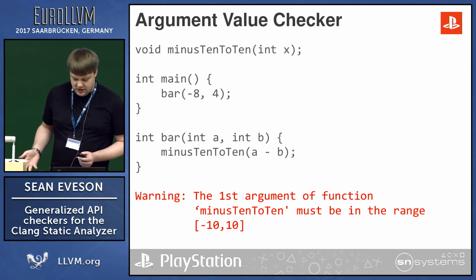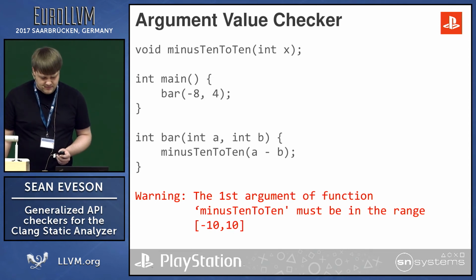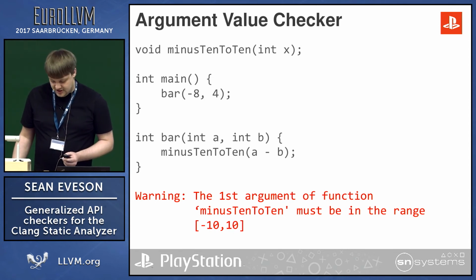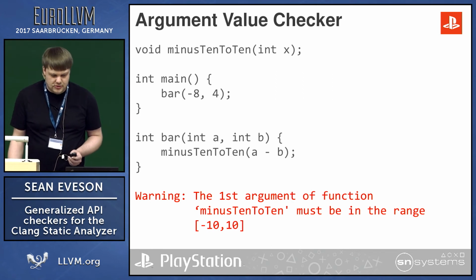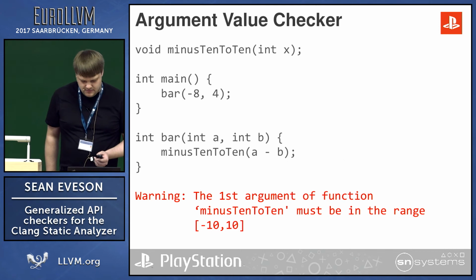So lastly, the argument value checker. Here we're simply looking at what values you're passing into the functions, if there are any restrictions on the parameters. So in the example here, we have a function that can only take values from -10 to 10, and it gets passed -12, and you get a warning.